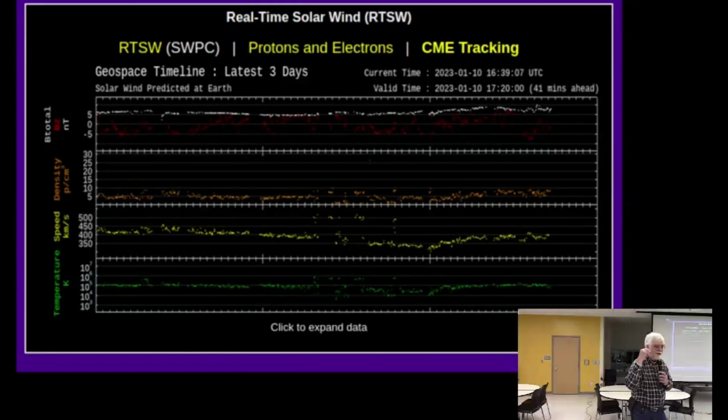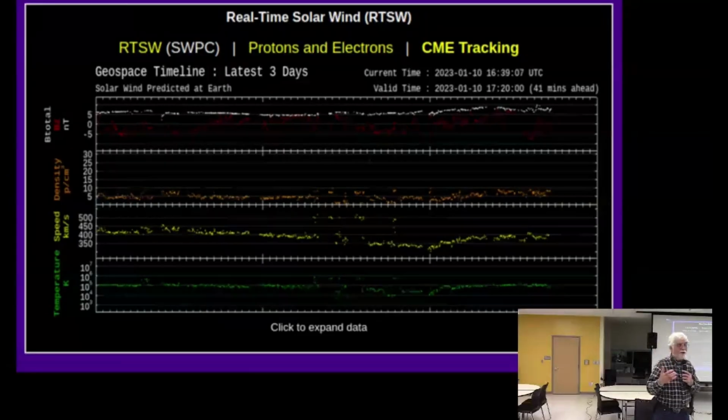And if it's positive, that is above the 0 line, then you're going to have less interaction with the ionosphere. If it's below that line, then it's going to have more of an effect.